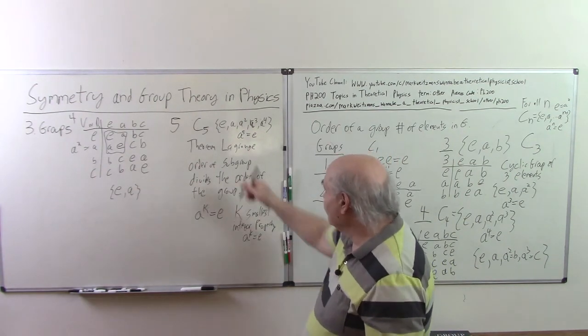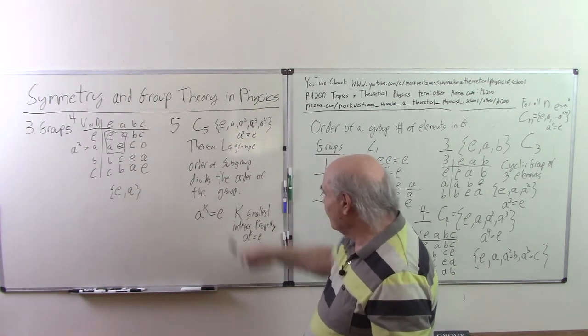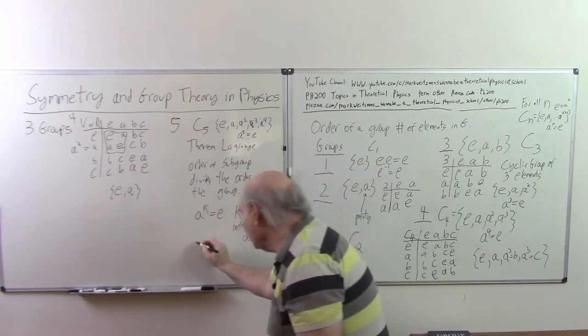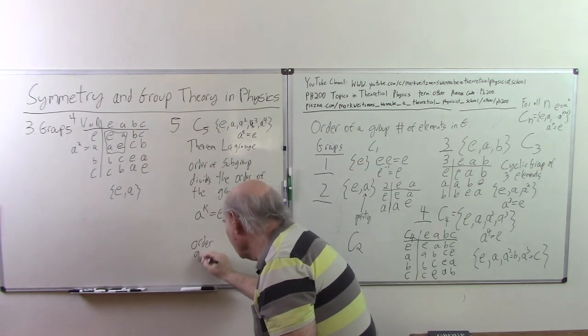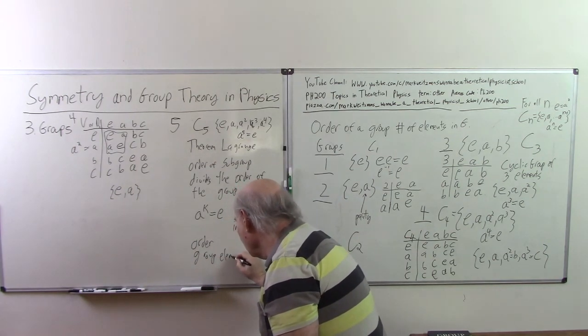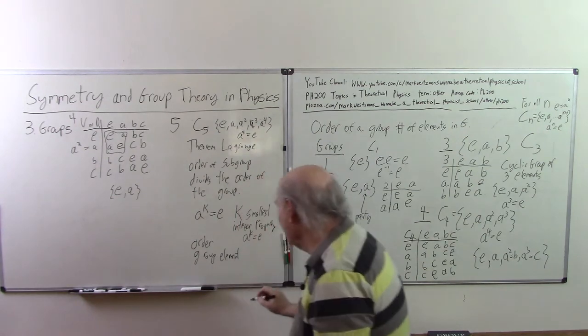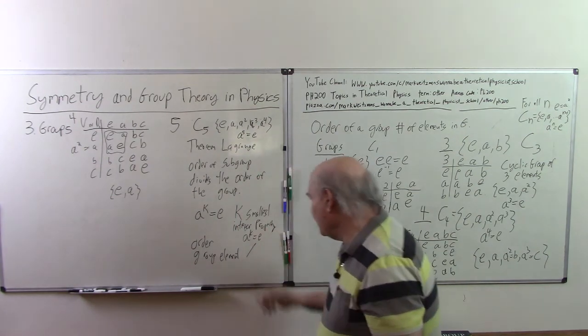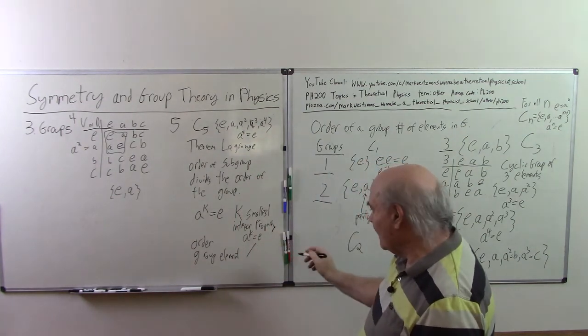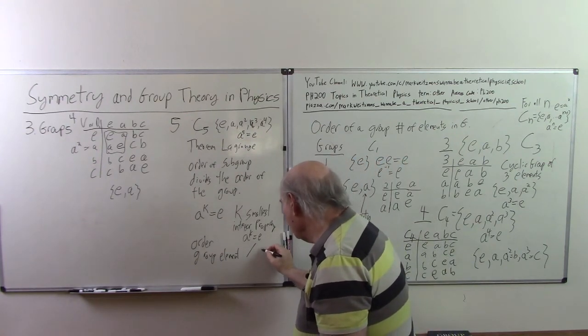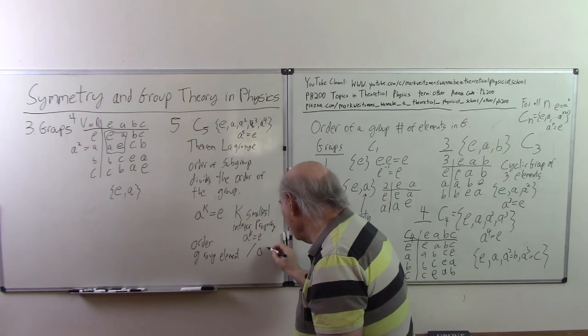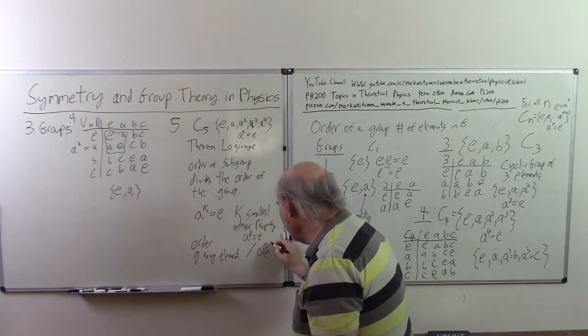Another theorem which is very related to this is that the order of an element divides, this is the mathematical symbol, the order of the group. I'll use the symbol O for the order of the group.